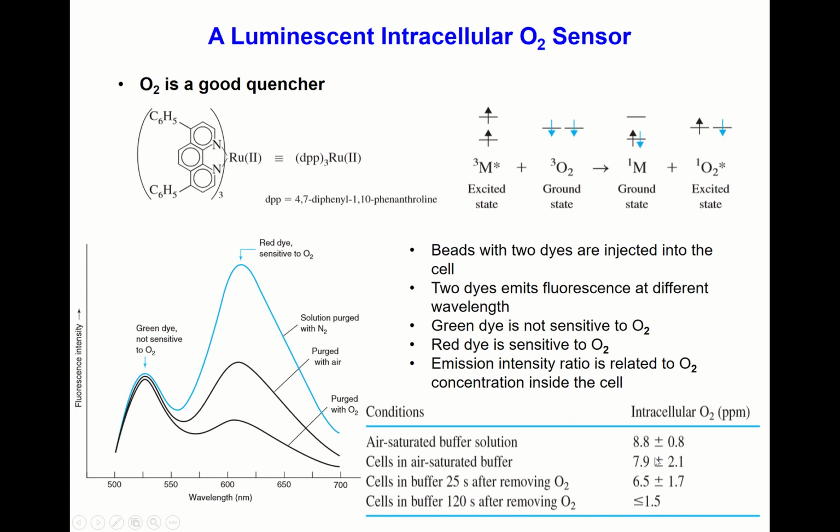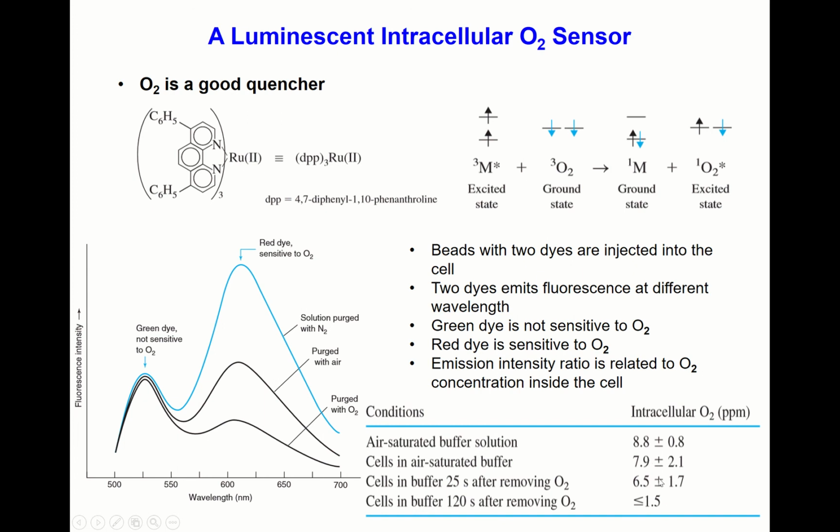This is slightly lower. And for cells in buffer 25 seconds after removing oxygen, the oxygen concentration decreases, and we measure 6.5 ppm.